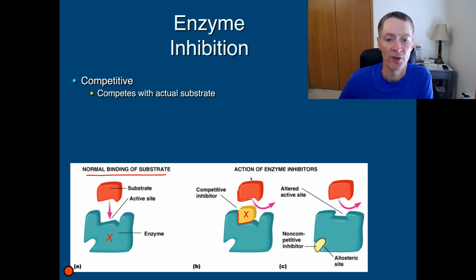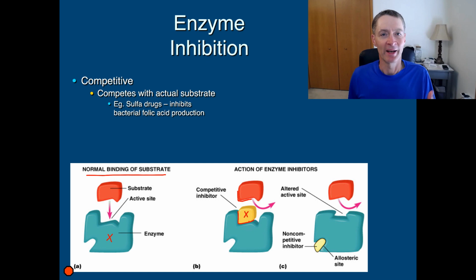But now the substrate itself cannot get to the active site. The yellow molecule is competing with that red substrate. This is called competitive inhibition, okay, where a molecule binds the active site, interfering with the natural binding of the substrate.